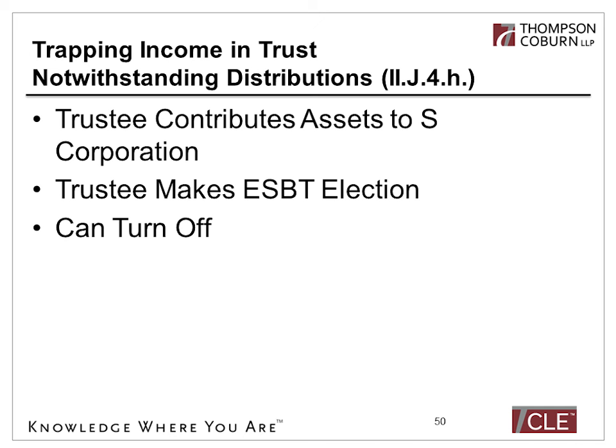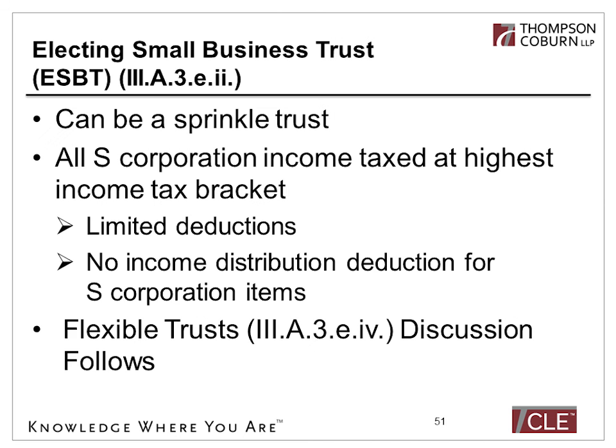So what do you do? You make an ESBT election, and that automatically traps the S corporation income inside the trust. And again, if you don't have an existing S corp, you can contribute the assets to the S corp. And with an ESBT election, you have the ability to toggle. ESBT trusts are a lot more flexible in terms of what will actually qualify for this election as opposed to a QSST.